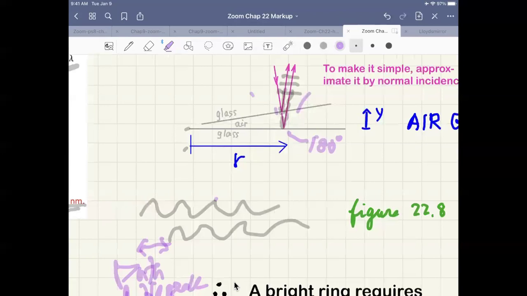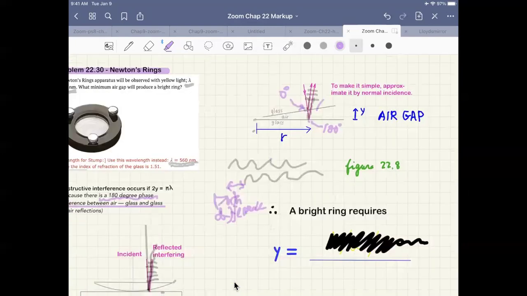But here, the light is going from glass into air, and so there is no extra phase change. So if the path difference was one wavelength, when they come out, they'll be out of phase because of that extra 180-degree phase change.